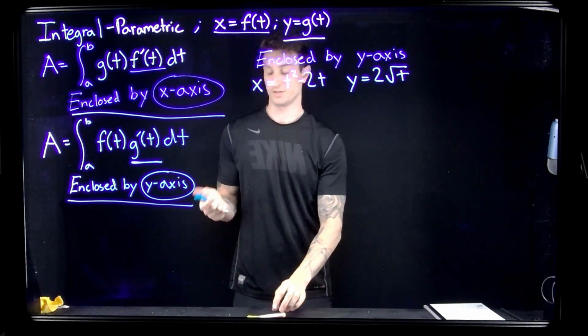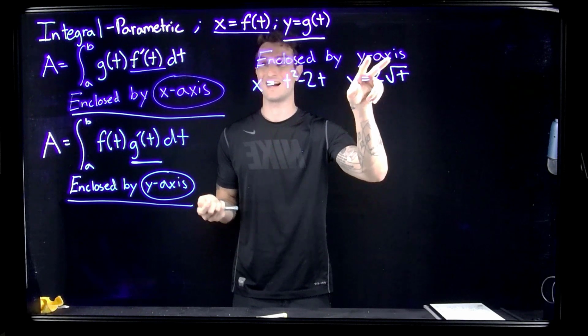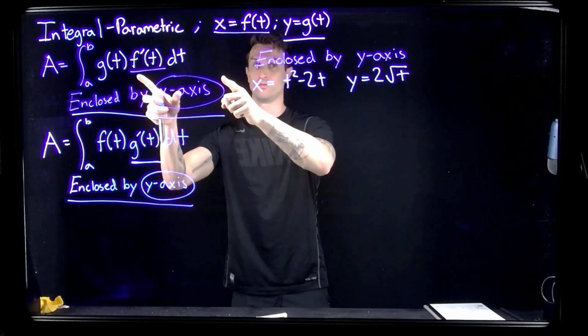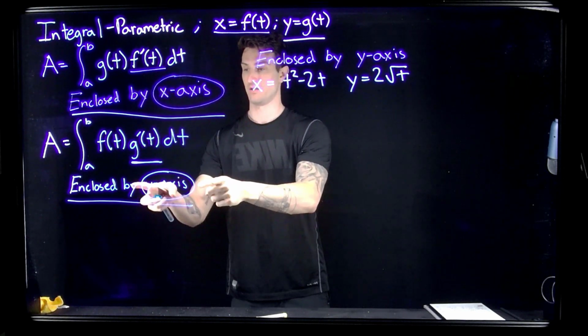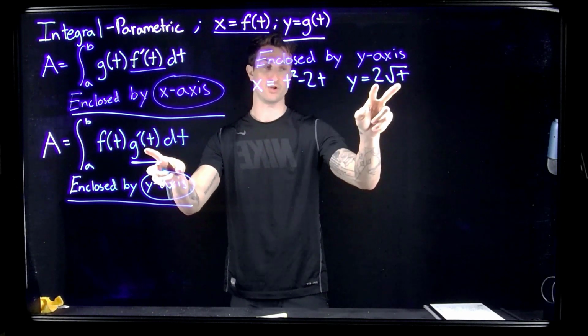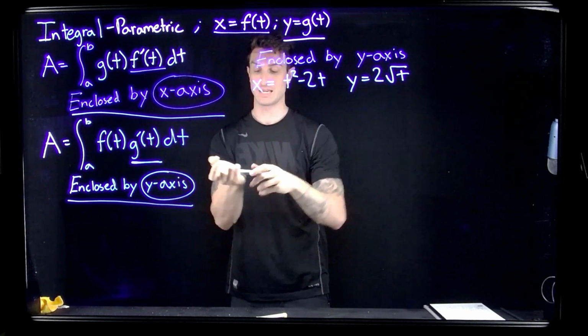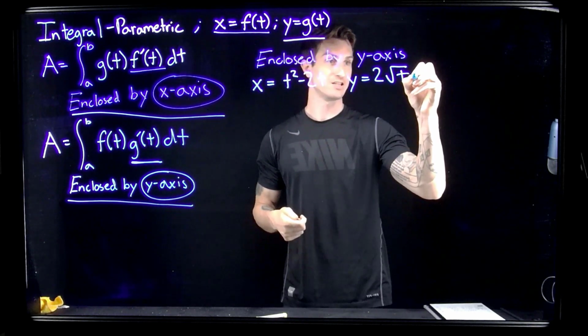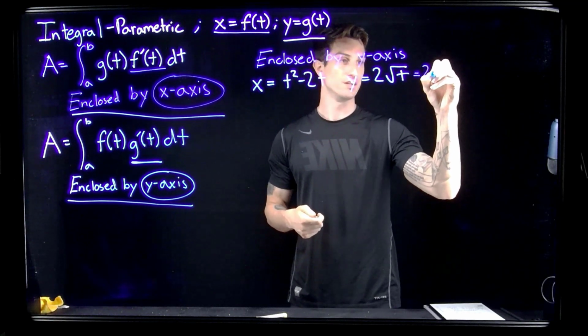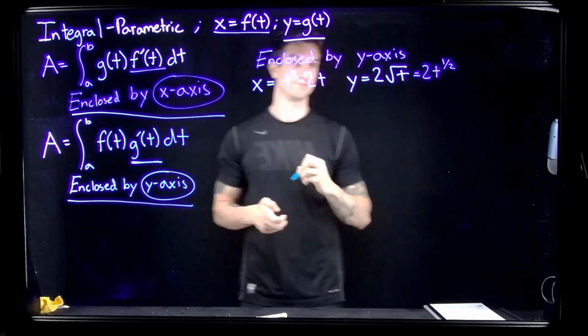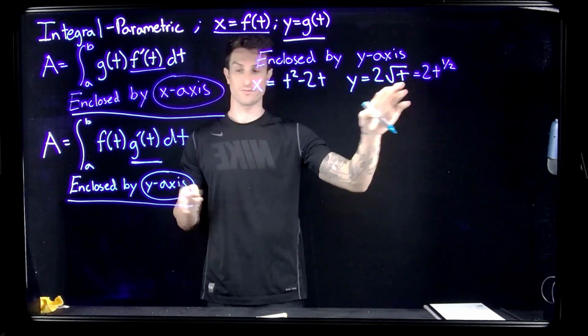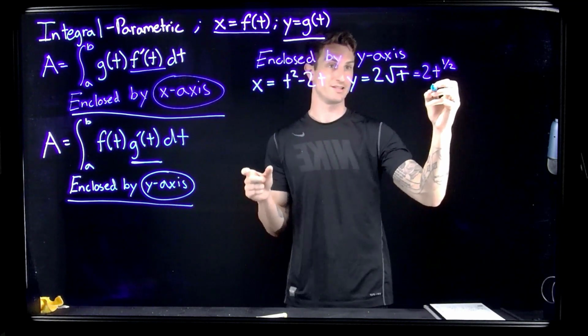The first thing we need to look at is that we're enclosed by the y-axis. So we want to take the derivative of our g of t, which is 2 square root of t. To make this a little bit easier, I'm going to rewrite it as 2t to the 1/2. And maybe we do some side work immediately. What is the derivative?